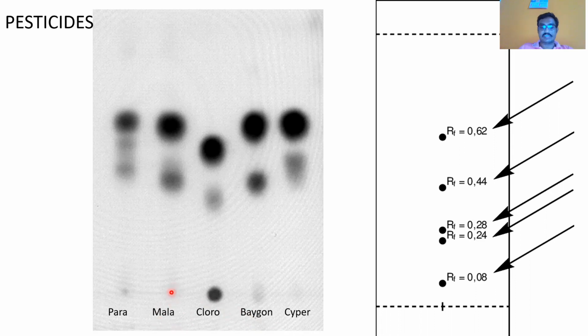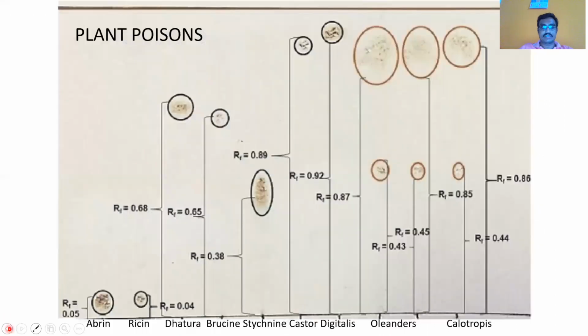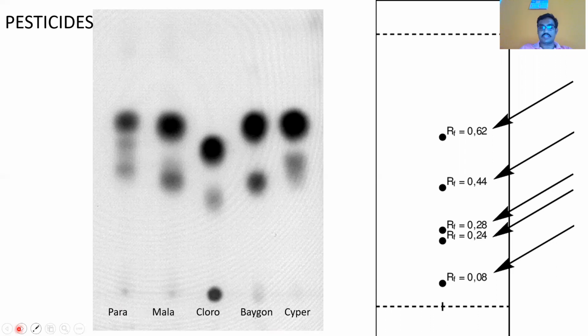So again, for pesticides, a control plate will be prepared every morning or before every batch, and then the retention factor of the test sample will be compared with the standard control plate, and the pesticide will be identified. This is the common way in which pesticides are understood in forensic toxicology laboratories. So these two, plant poisons and pesticides, are very specific to forensic toxicology science.